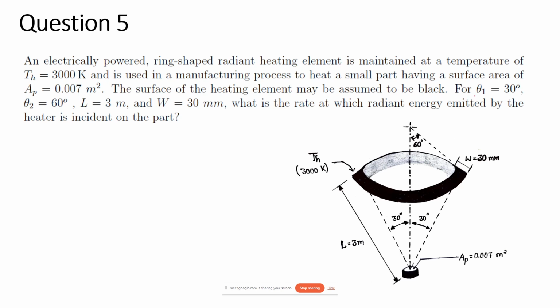For theta 1 equal to 30 degrees and theta 2 equal to 60 degrees, the distance is L equal to 3 meter, and the width W equal to 30 mm.